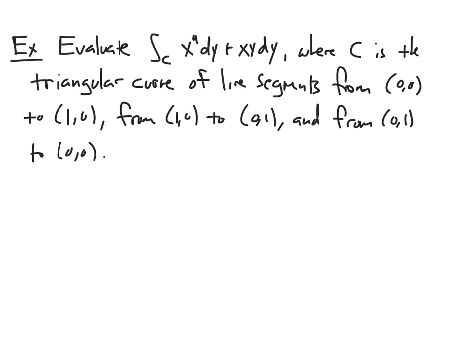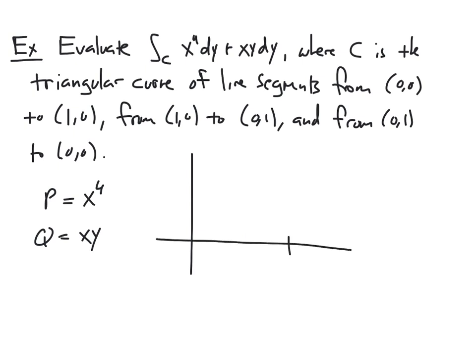Right? So to put the given pieces together, notice that we do have P as x to the fourth, and Q is xy. Right? So our vector field consists of these two scalar fields. And our curve, if I mark 1 here on each of the axes, is the union of this line segment, which I would maybe call C1.